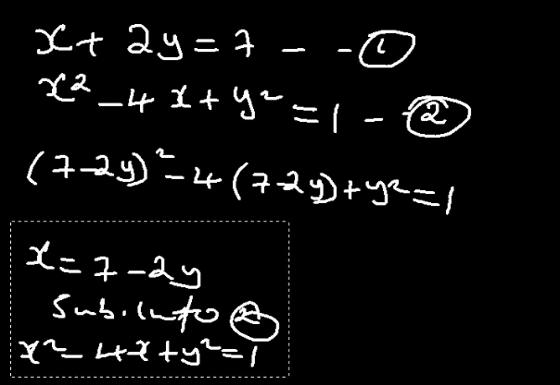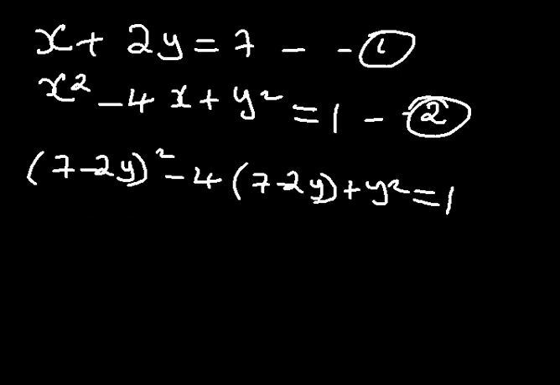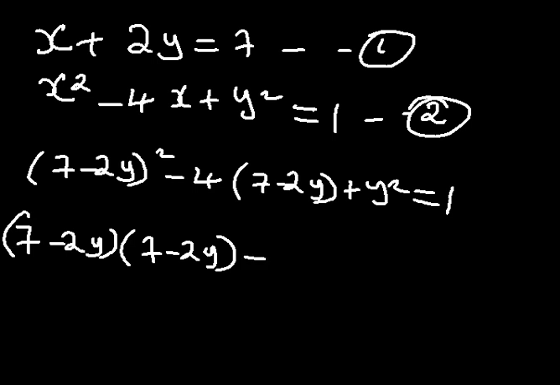In this case, we'll have to apply the laws of algebra. Squaring is the same as having (7 minus 2y) times (7 minus 2y). We also expand with the negative 4, which means we'll have negative 28 plus 8y plus y squared, which is equal to 1.